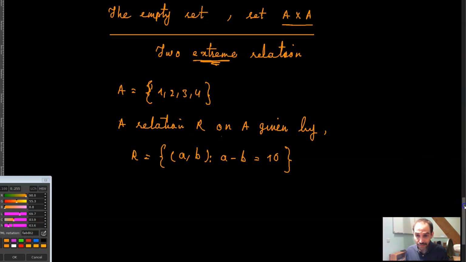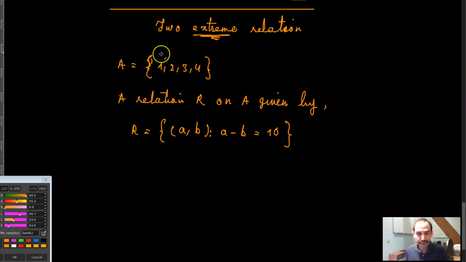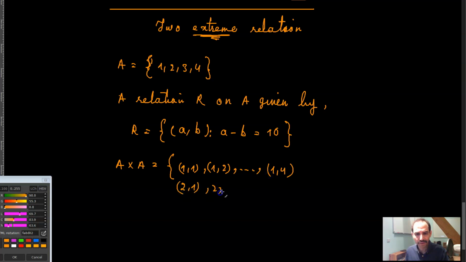Now, this is a relation R on A, meaning that if I form the Cartesian product of A and A, I will get all of these elements as (1, 1) and (1, 2) and all the way up to (1, 4). Then I will have, for example, (2, 1) and (2, 2) and go all the way up to (2, 4).